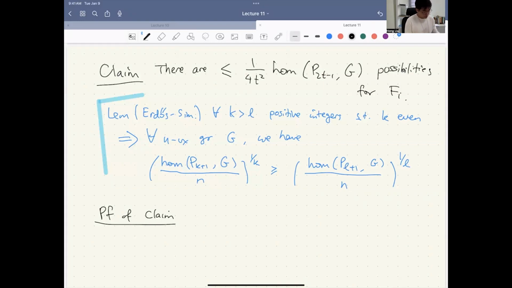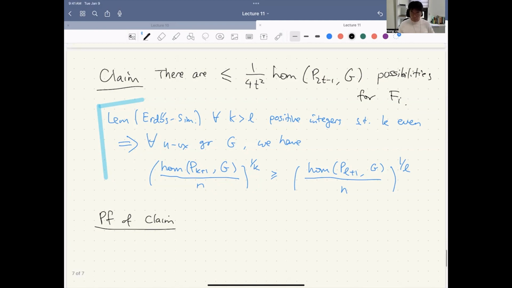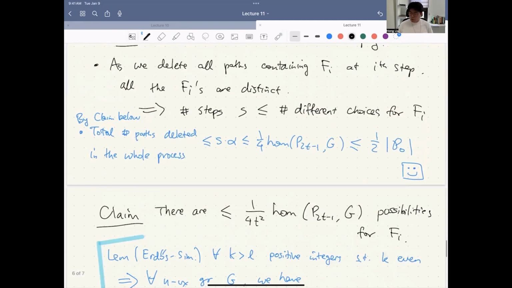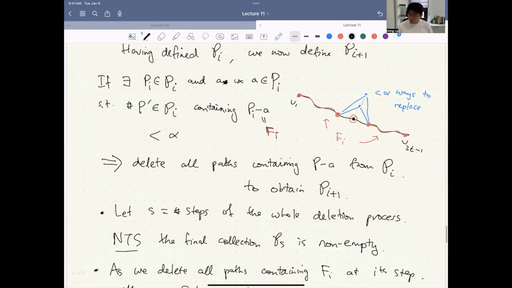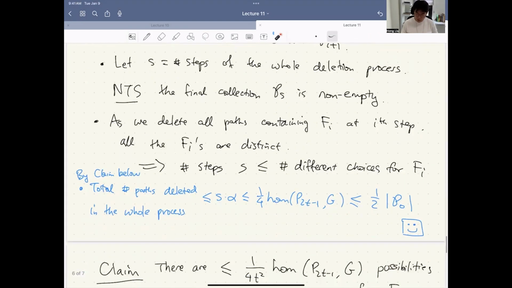Okay, so how do we prove it? Well, we need to show, as I said, the number of choices of F, which is a collection of these two paths. There are at most 2t minus 1 positions for this vertex. So let's multiply by a 2t factor.